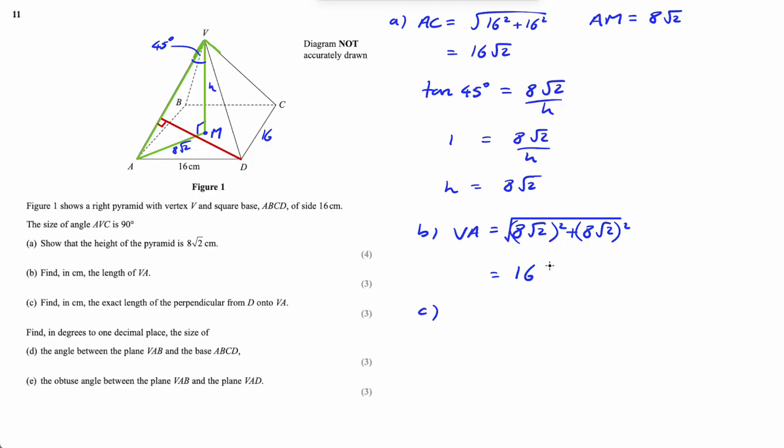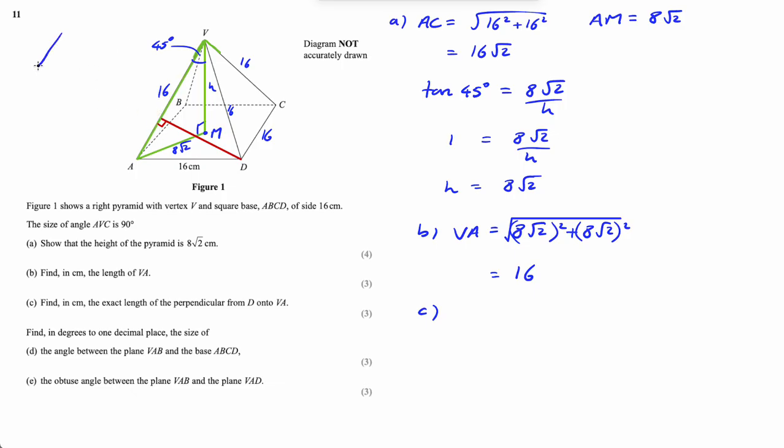Now we have that this length VA is 16, but remember, this is a right pyramid with a square base. So if that's 16, then this is 16. So they're all 16, and this is 16. So this is actually, although it doesn't look like it, not drawn to scale, an equilateral triangle.